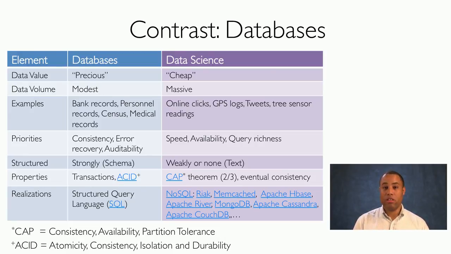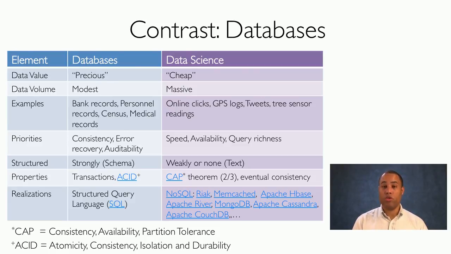In data science, our data is cheap because it's things like online clicks or GPS logs or tweets or tree sensor readings. We can lose a value and it won't affect our end results. And this is because in data science, the volume of data that we have is absolutely massive, whereas in databases, it's fairly modest. Databases have some very important properties: consistency, error recovery, and auditability.